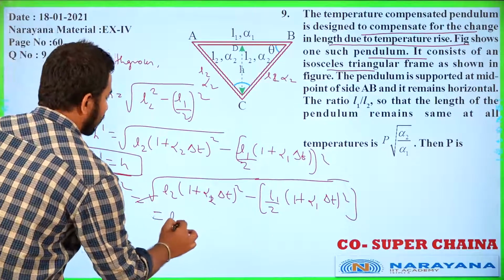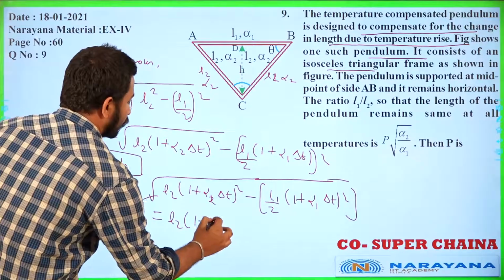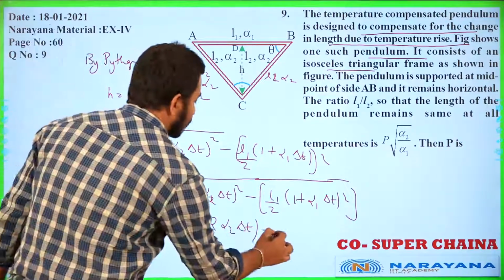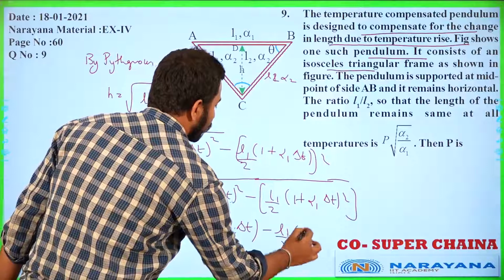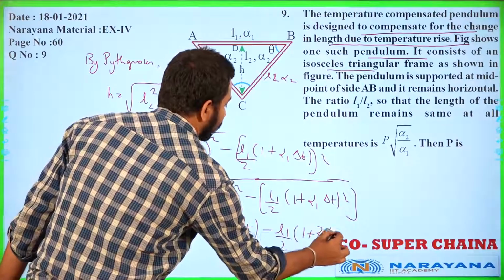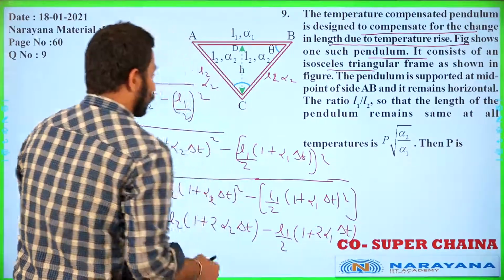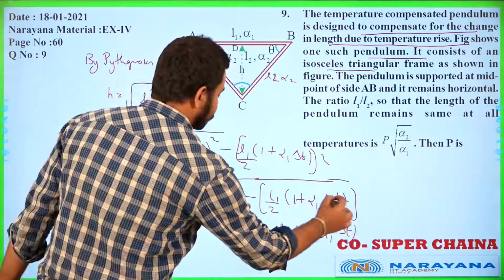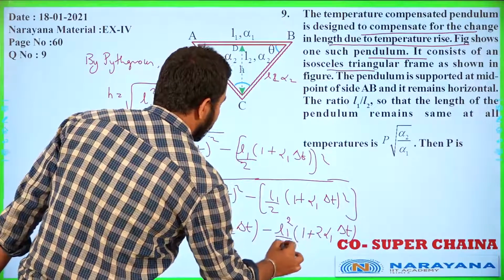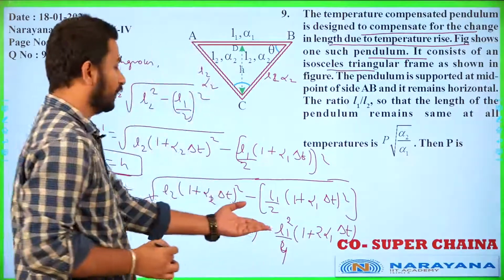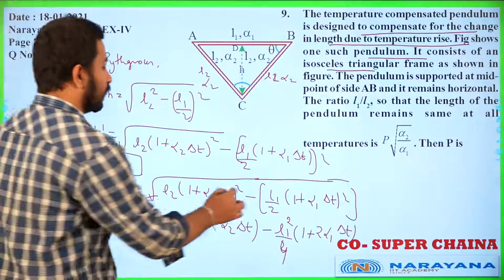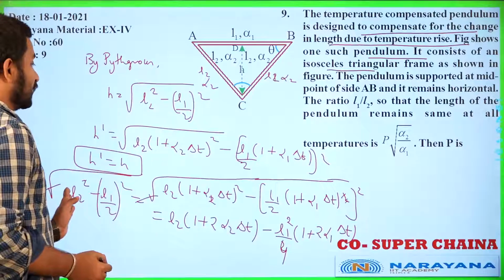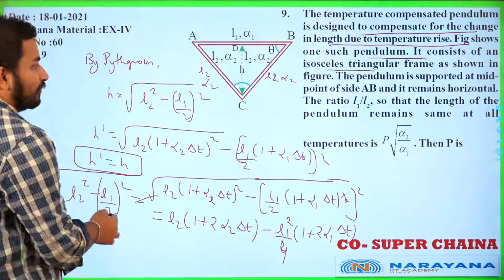This can be written as L2 (1 plus 2 alpha 2 delta T), my dear student, using binomial. And similarly I can write here L1 by 2 (1 plus 2 alpha 1 delta T) using binomial. This whole is square, so this will be L1 square by 4. So this L2 square and L1 square will be cancelled out here.